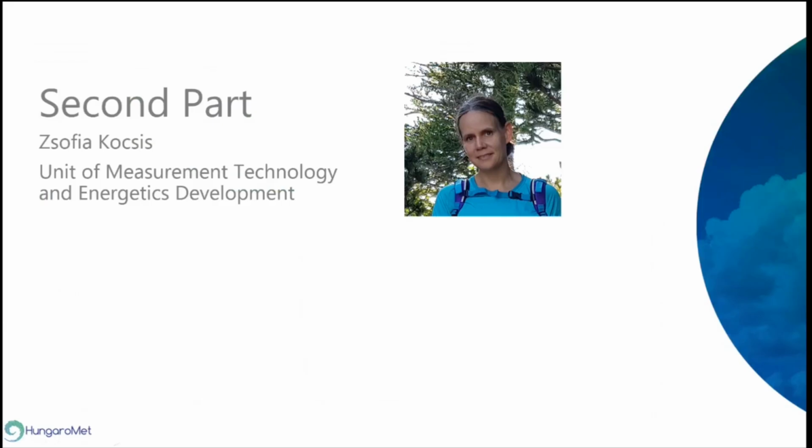Hello, everyone. So usually in this second part of the weather briefing, we try to pick one of the most significant weather or most interesting event and talk about that.